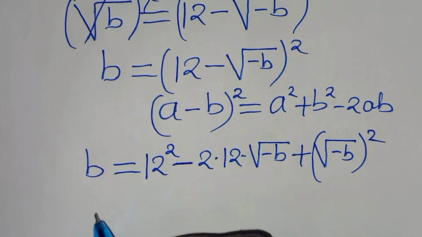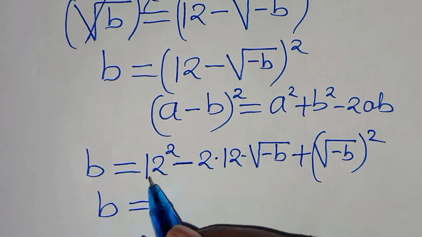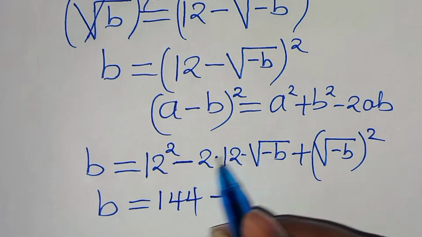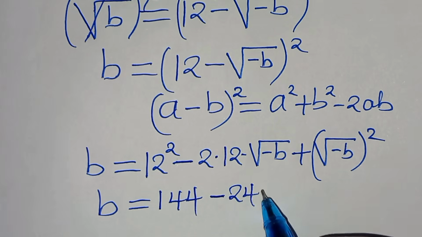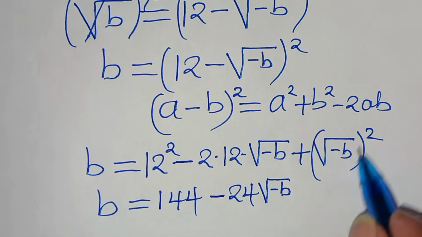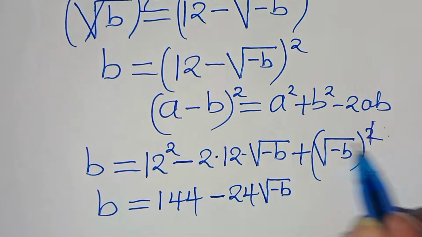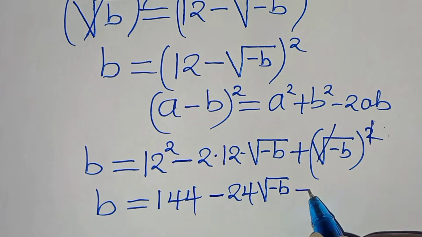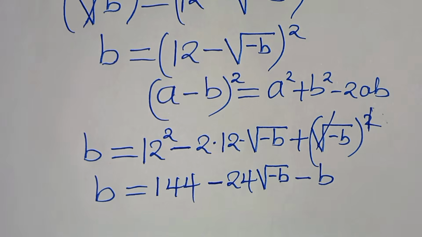And this implies that b is equal to 12 squared, this is 144, subtract 12 times 2, this is 24, the square root of minus b. Now, (the square root of minus b) to the power of 2, we eliminate the square root sign, and this becomes minus b.